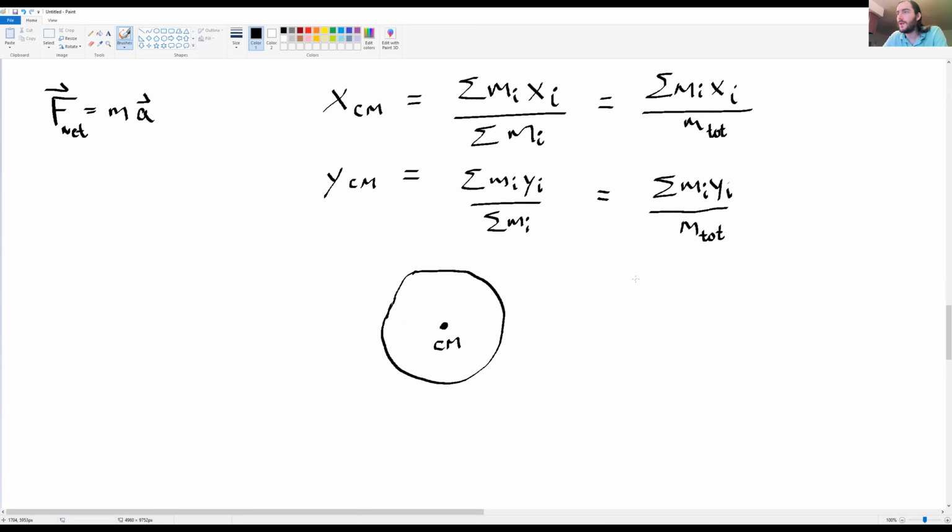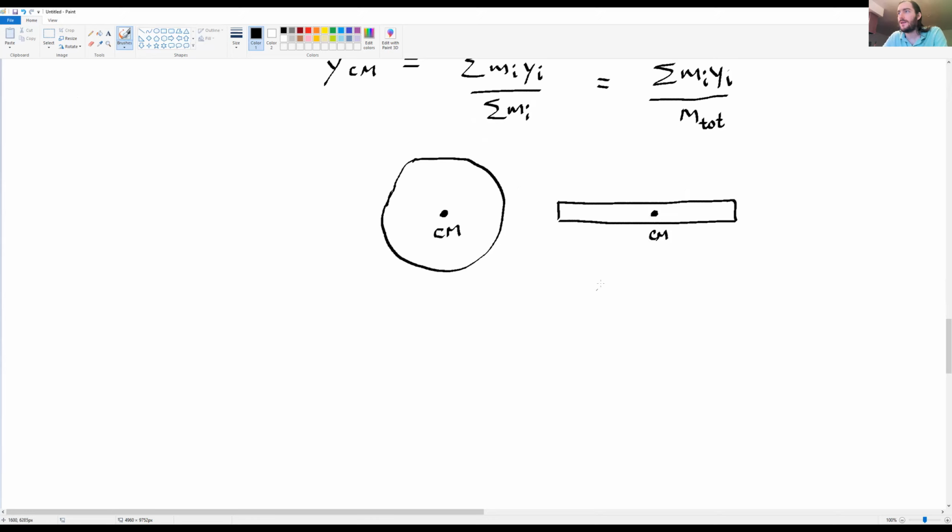Now, for a rod, again, with a uniform mass distribution here, again, the center of mass is right in the center. Okay. Now things get a little bit complicated.